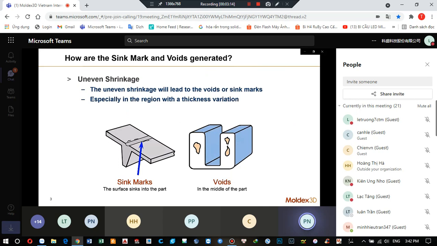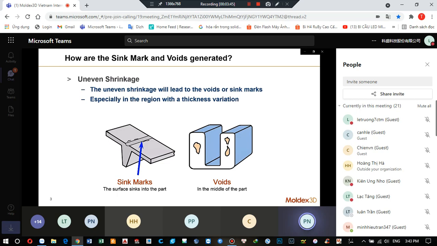Why is there a seam mark? Here we will also talk about voids, because seam marks and voids actually come from the same root cause: uneven shrinkage. We can see in the picture on the left-hand side, we have a main plate design, and when we try to reinforce the structure of this plate, we may add a rib on it.